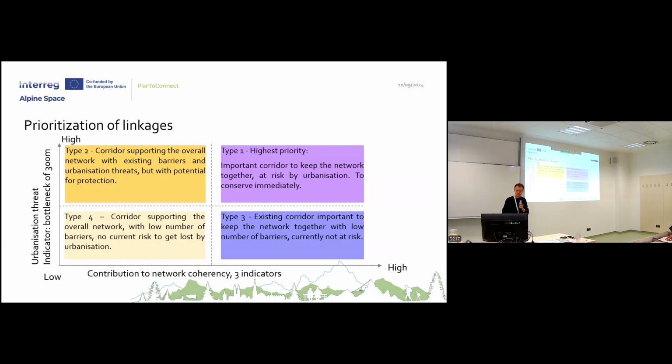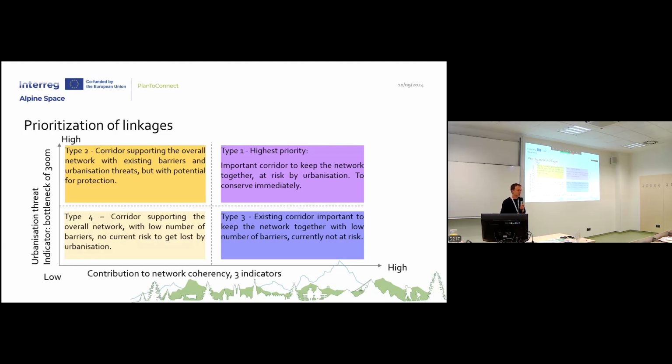We used this scheme with two dimensions. One is the urbanization threat, and the other one is the contribution to the network coherency. Here we used three indicators. So for example, type 1 corridors would have the highest priority. They are important corridors to keep the network together, and at the same time, they are at risk from urbanization because they are passing through a bottleneck caused by urbanization of 300 meters.